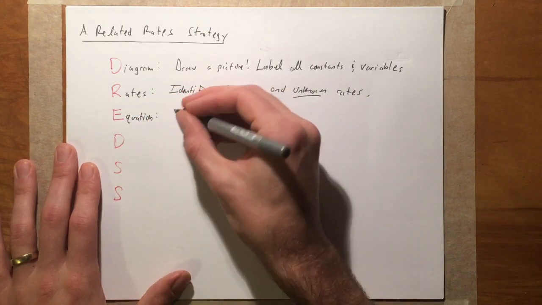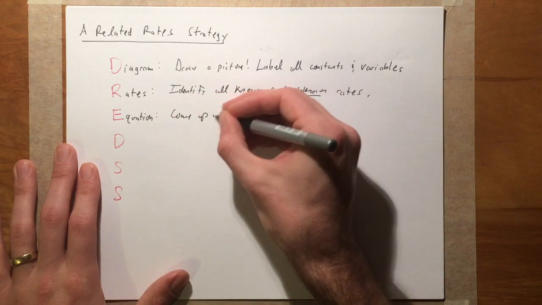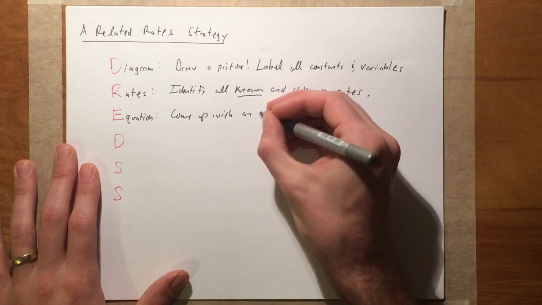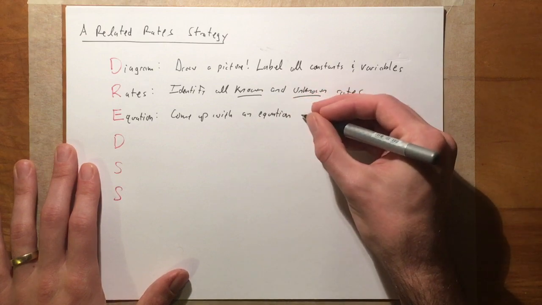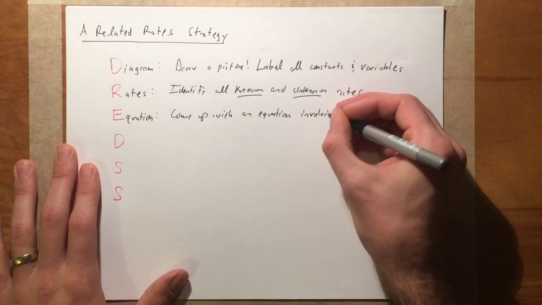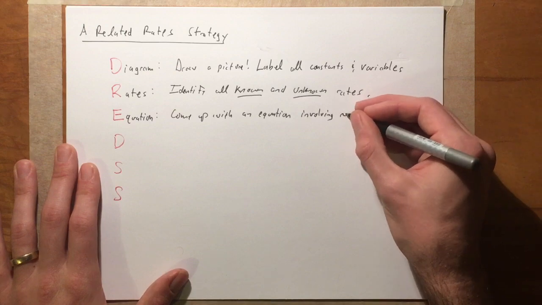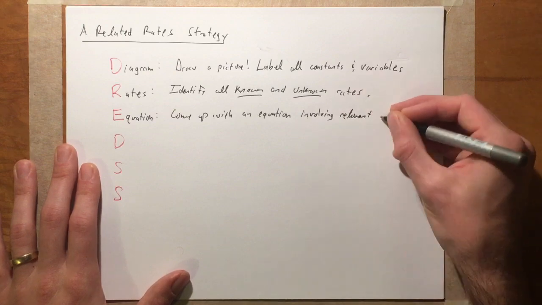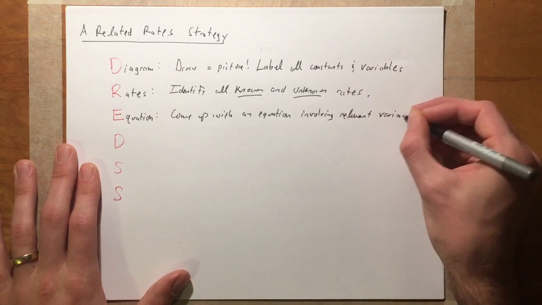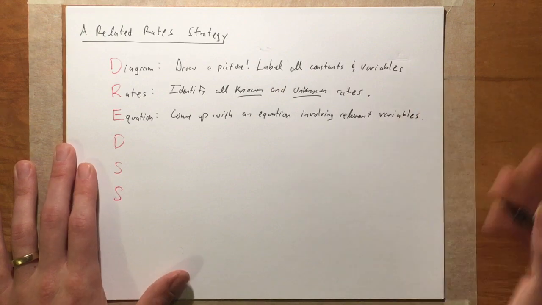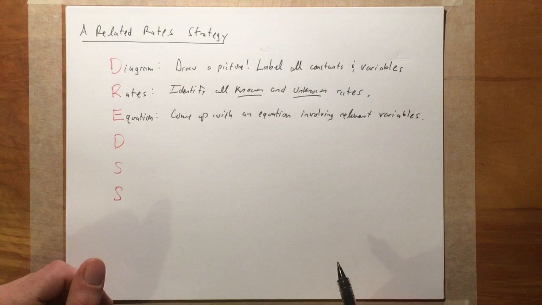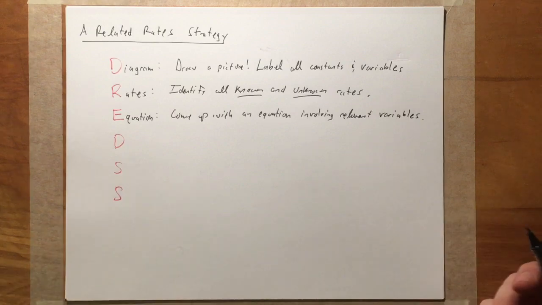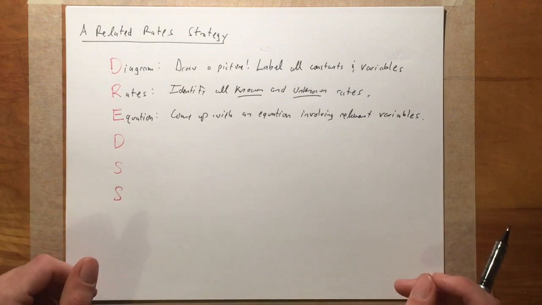So what we want to do there is come up with some equation that involves the relevant variables. That's what I meant to say there. There may be other variables, like say you have a triangle, you've got all three sides and you've got all three angles, but it could be that you don't care about the angles and you just want an equation that involves the sides.